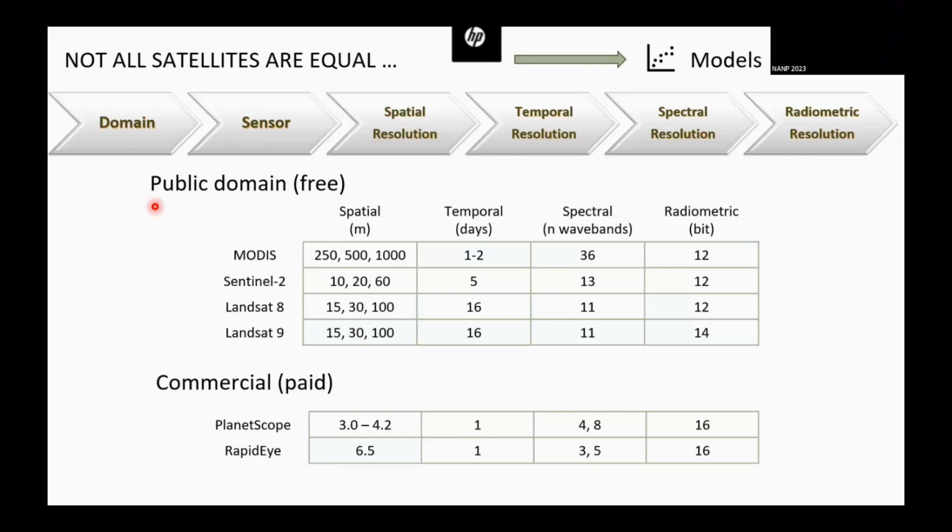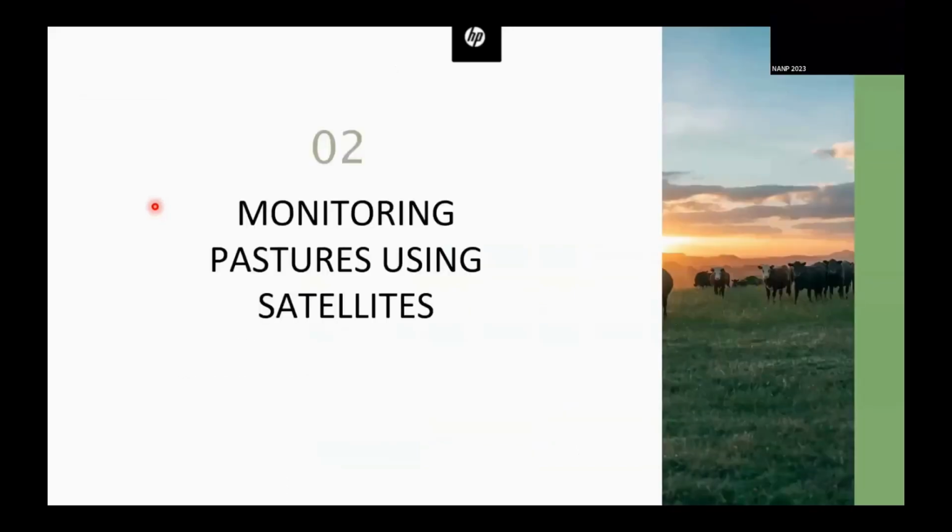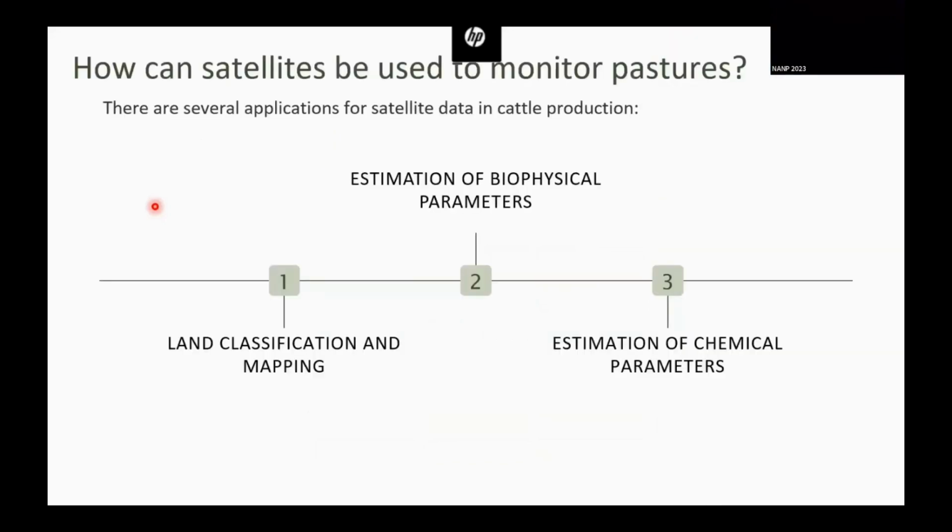And here are some examples of those resolutions in some satellites. So how can satellites be used to monitor pastures? Indeed, we have several applications for satellite data in cattle production.